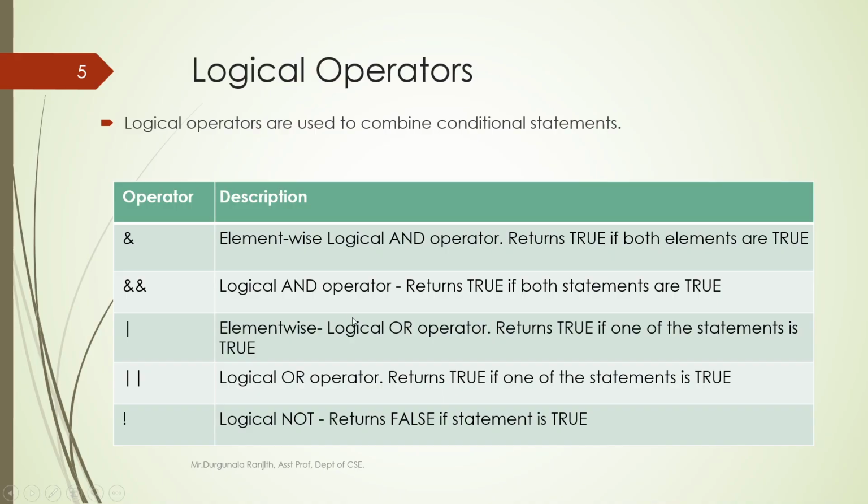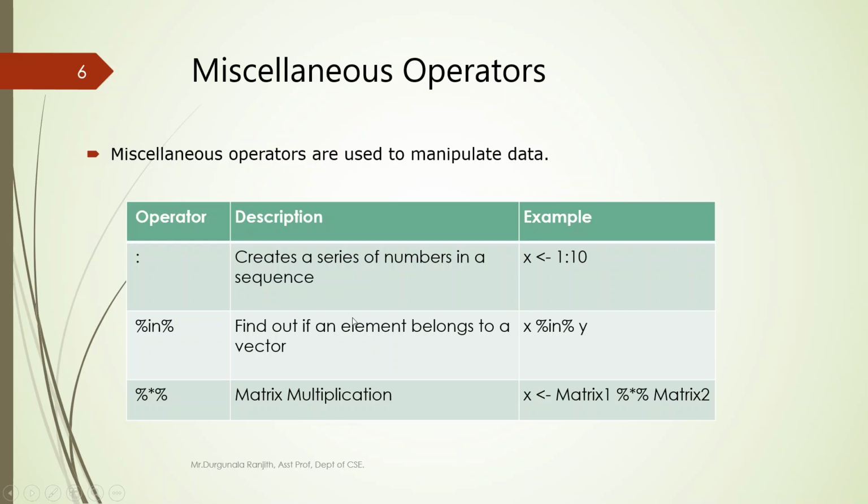So this is about the logical operators. The next one is the miscellaneous operators. This is important. Here the first one is the colon operator. It creates a series of numbers, the same as in Python programming. And one more is the %in% operator. Normally in Python we have the in operator, which is used to check whether a value belongs to a particular data structure or not.